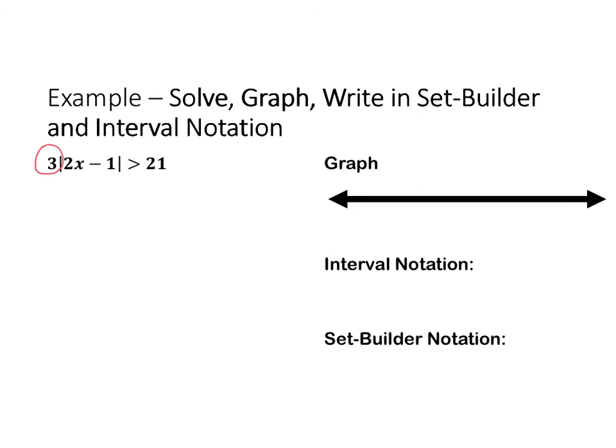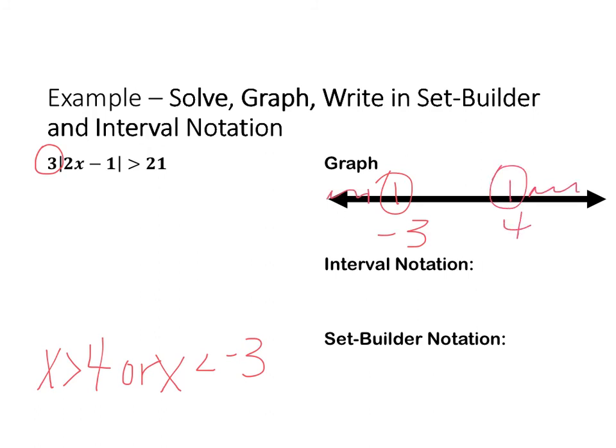Alright, if you worked out the problem correctly, you should get x is greater than 4 or x is less than negative 3. If I graph this on the number line, it looks like this, shaded that way.